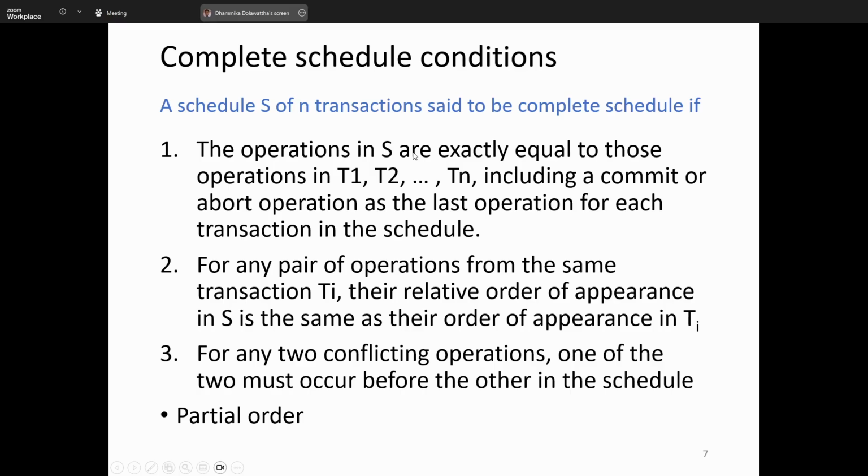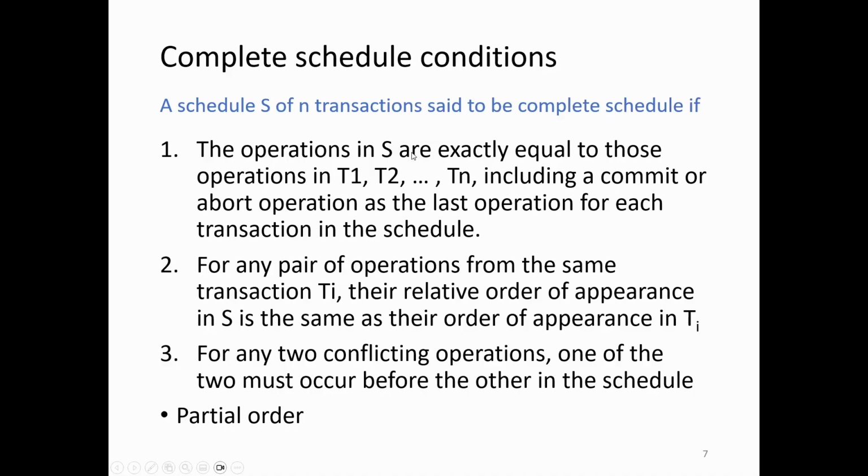The second condition is that for any pair of operations from the same transaction Ti, their relative order of appearance in S is the same as their order of appearance in Ti.